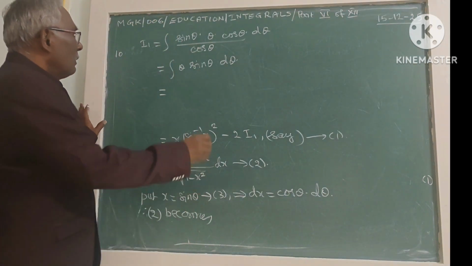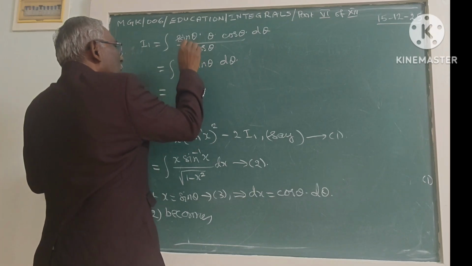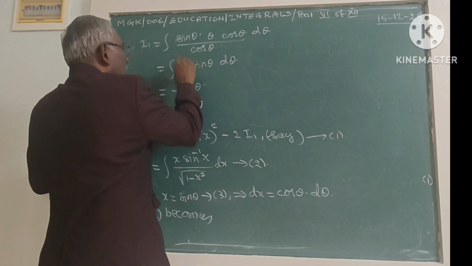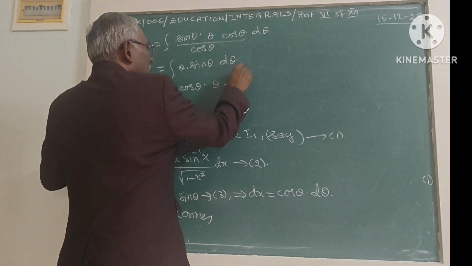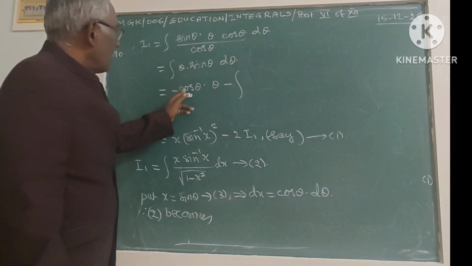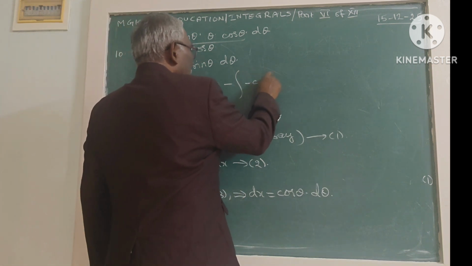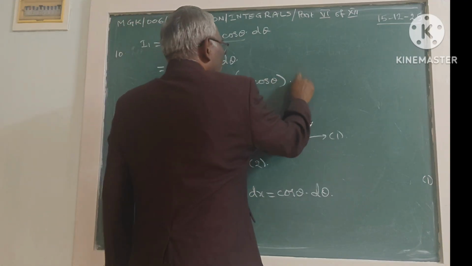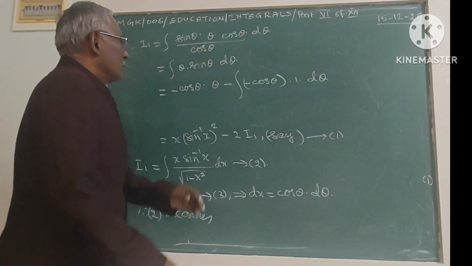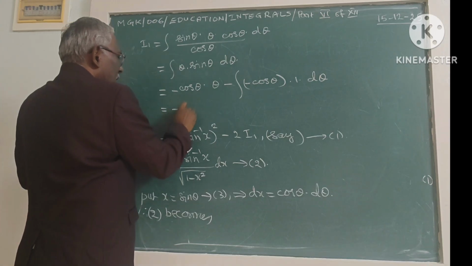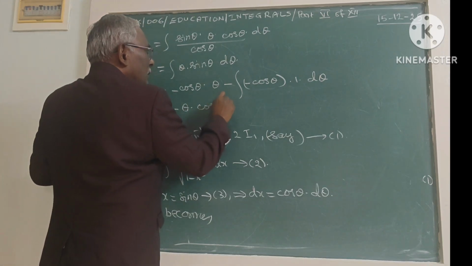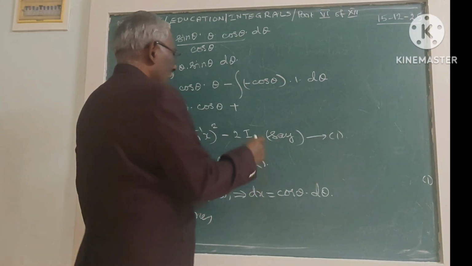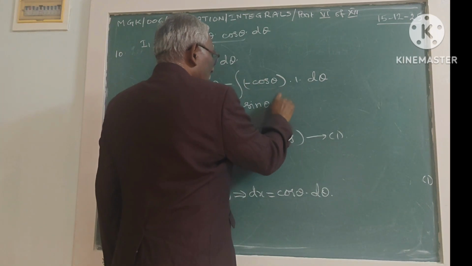How to integrate this now? We integrate sin θ, minus cos θ will come, into the second function θ, minus integral of the integrated function minus cos θ into differentiation of θ, 1 into dθ. So minus θ cos θ, minus into minus plus integral cos θ dθ is sin θ plus constant.